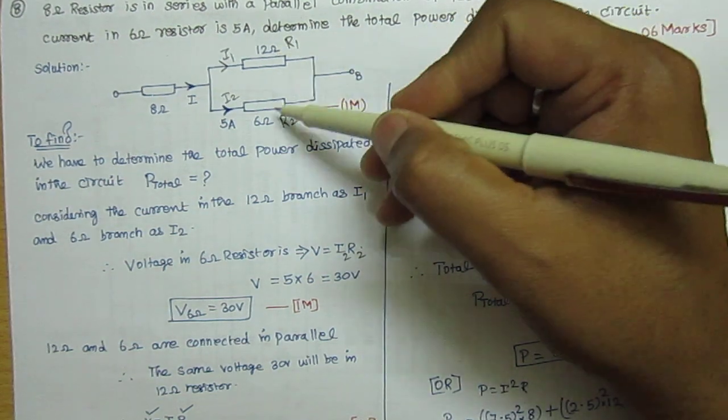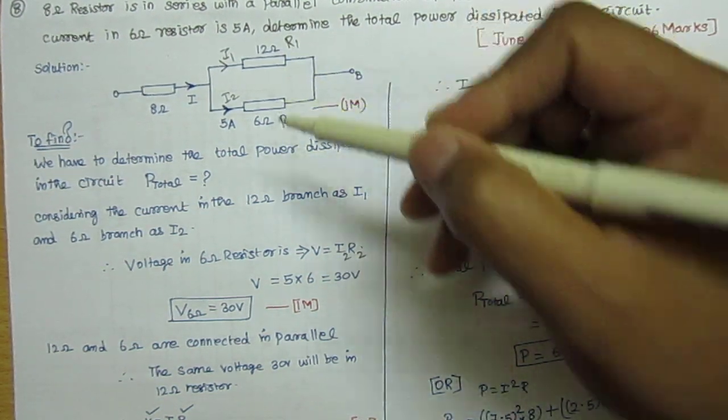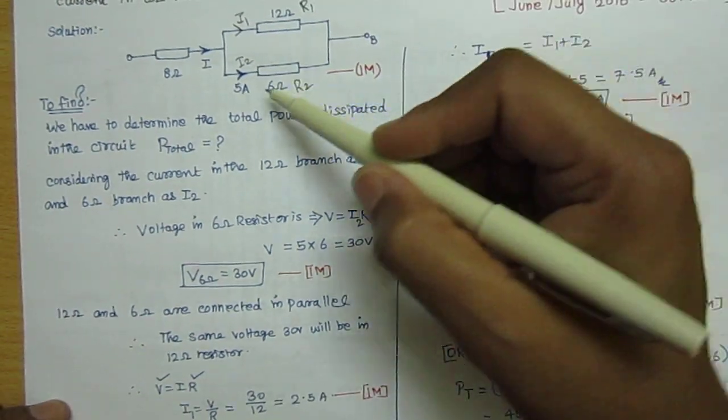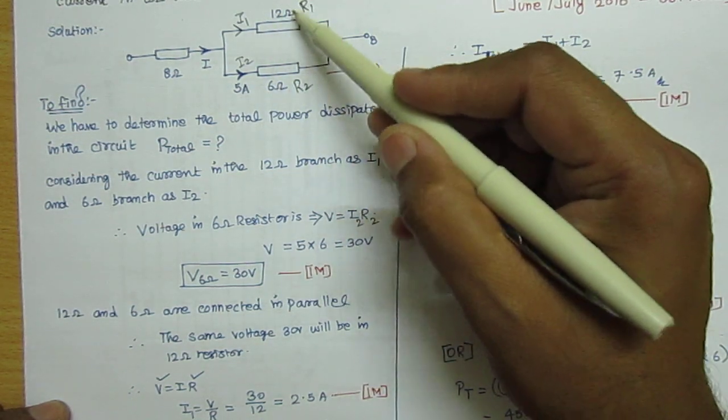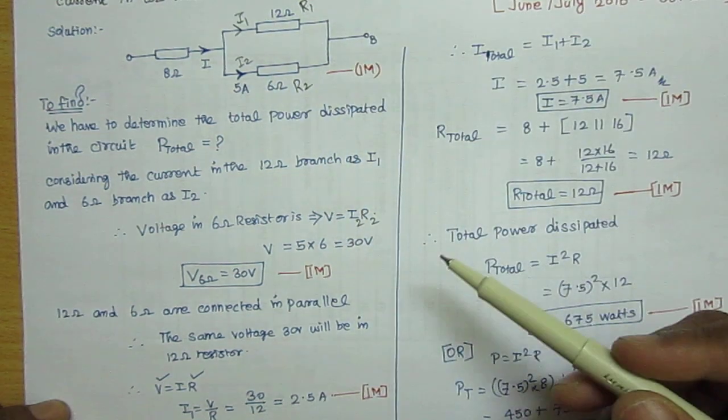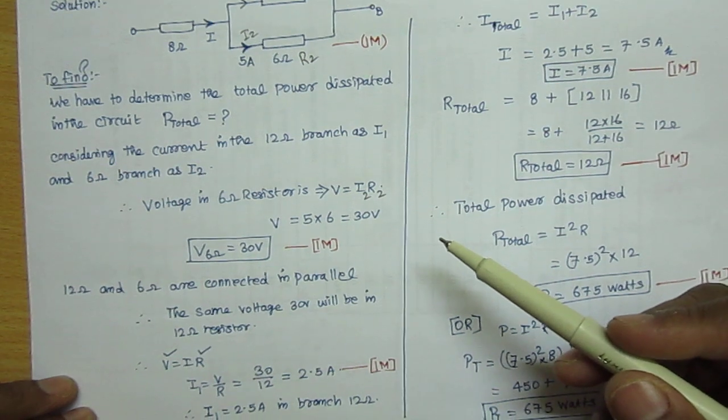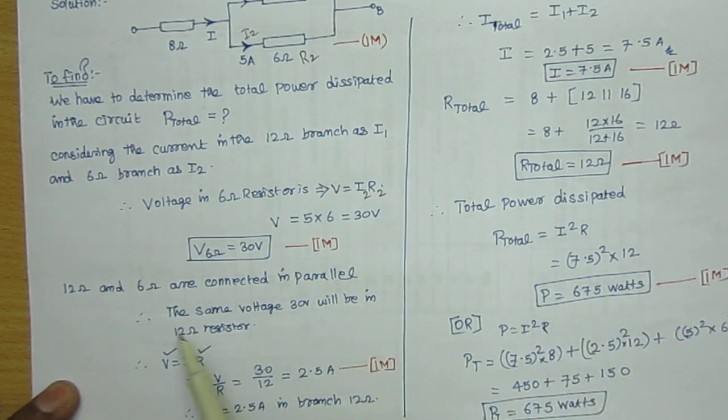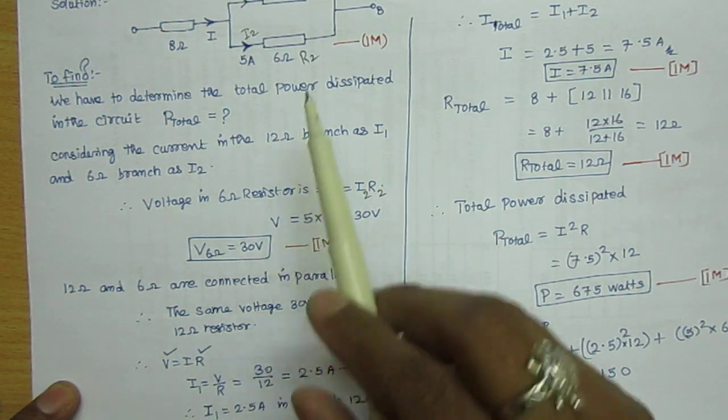Here 12 ohms and 6 ohms are connected in parallel, so whatever the voltage is in this branch, the same voltage will remain constant, because we already discussed the concept that in a parallel circuit the voltage remains constant. The same 30 volt will be across the 12 ohm resistor also.